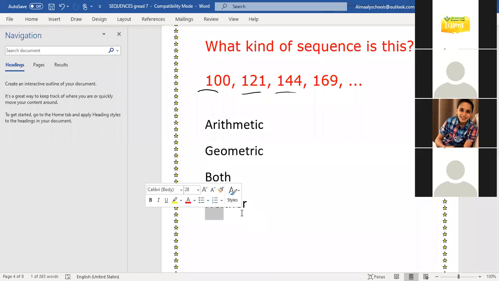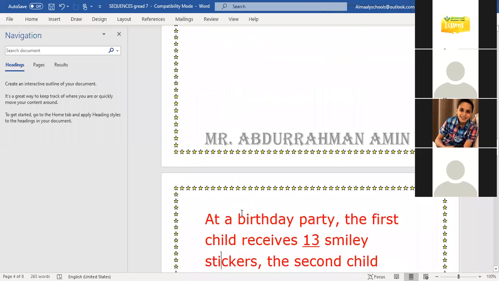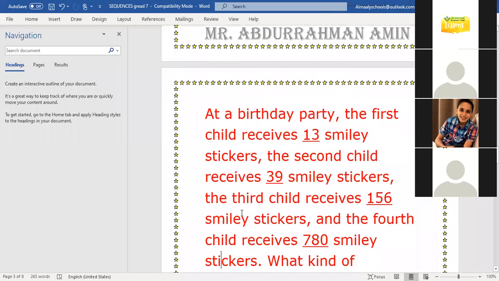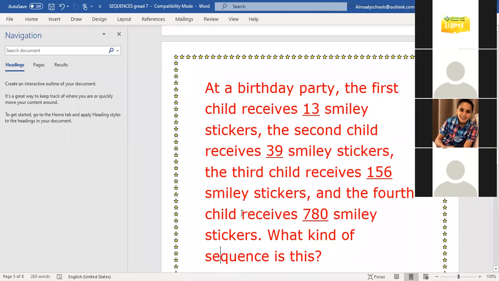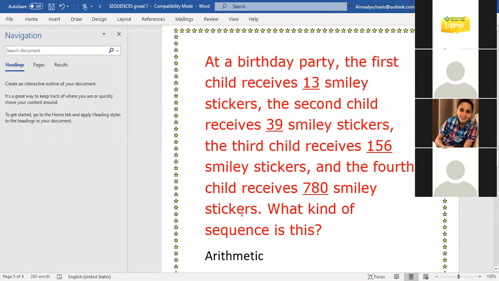Yes, good. Very good. Let's see the next question. Maybe this question is harder, so please be ready. At a birthday party, the first child received 13 smile stickers. The second, 39. The third, 156.